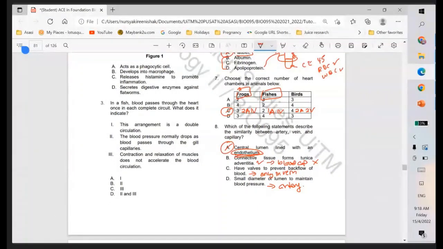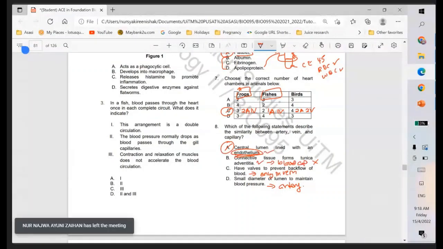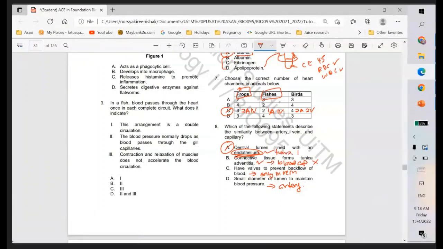Okay, awak tengok balik awak punya jadual dalam awak punya lecture note tu kan. So central lumen line with endothelium ni boleh apply kepada tiga-tiga blood vessels sebab ini adalah layer yang tunica intima. Okay, tunica intima ada pada ketiga-tiga blood vessels. Cuma blood capillaries, it does not have tunica media and also tunica adventitia.